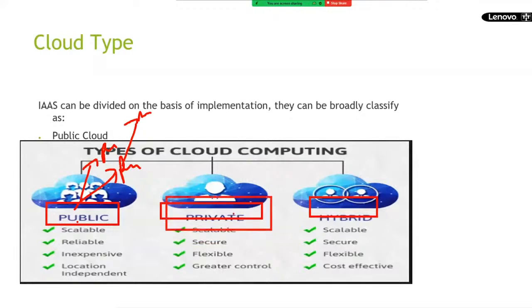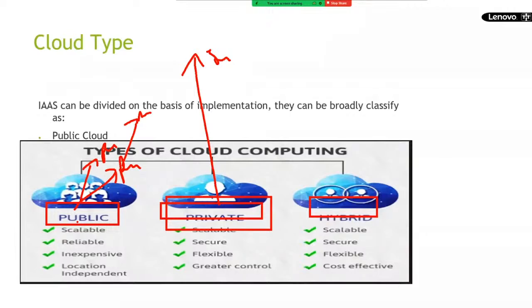Private means the services can be accessed within the corporate network. Say you go to the TCS office and connect to the TCS network. While you are in TCS premises, you can access all the information. Once you come out of that network, you cannot access anything, right? That is what private is.